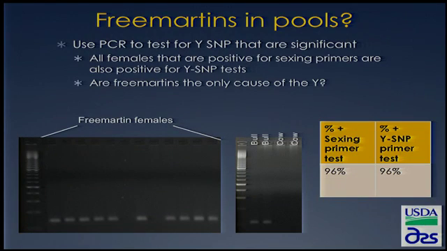However, unlike our other populations that we looked at where we saw a variation in our sexing test versus individual Y SNP primer tests, the freemartins were positive for all of them. If they were positive for the sexing test, they were positive for the Y SNP. And so since we see this difference in freemartins versus the open females that were in our pools, again, we think that what we're seeing is not freemartin or undetected freemartins, it's something else.